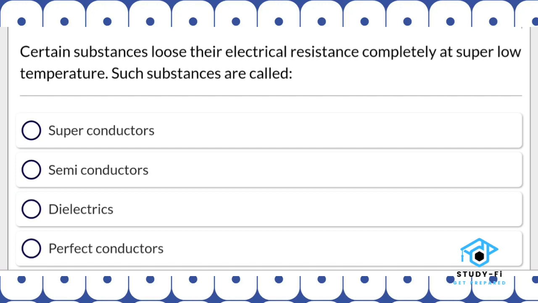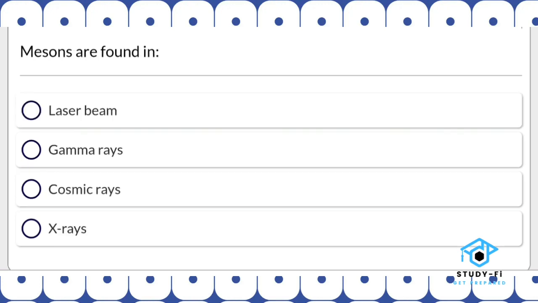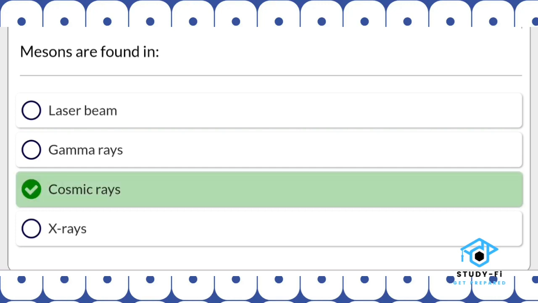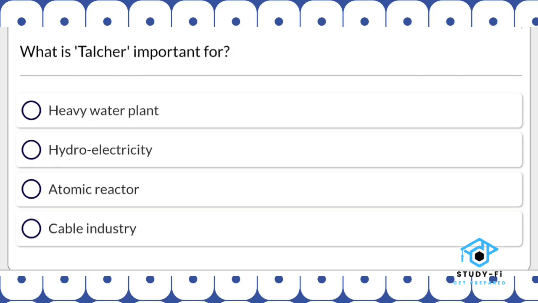Such substances are called superconductors. Mesons are found in cosmic rays. An intrinsic semiconductor at absolute zero temperature is a perfect insulator. What is Talcher important for?